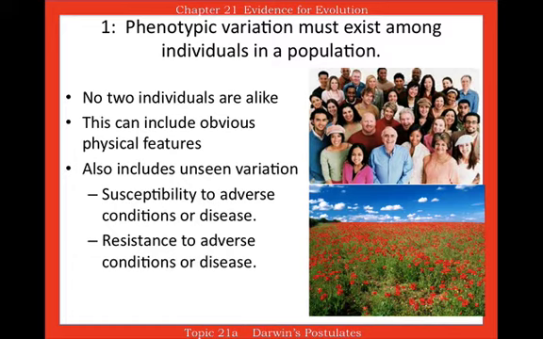And this can include obvious physical features, such as phenotypes we can see, but it also includes unseen variations, like susceptibility to adverse conditions or disease, or resistance to some cataclysm, adverse condition, or disease.